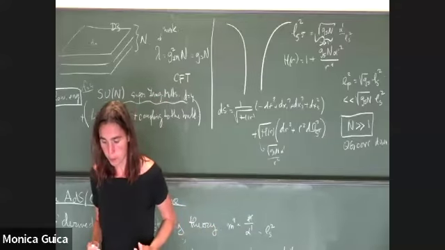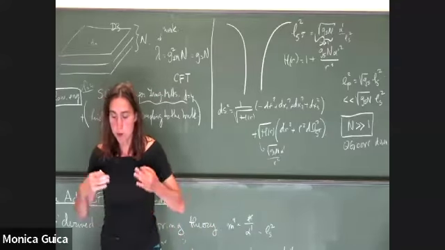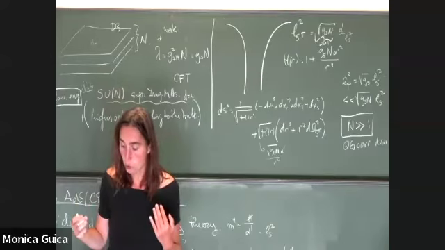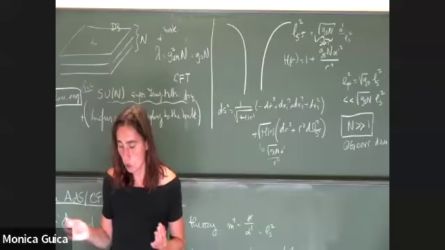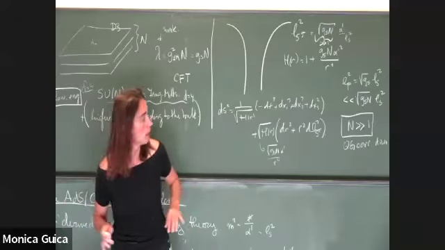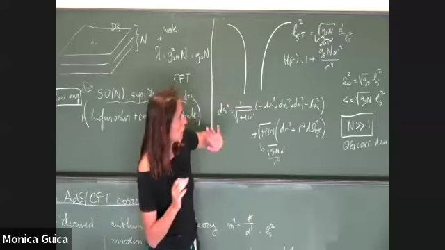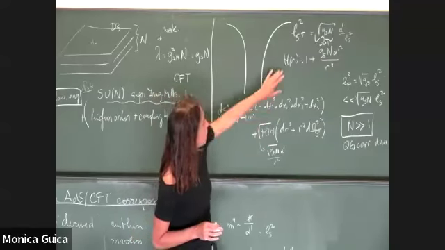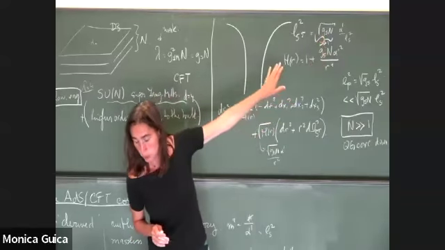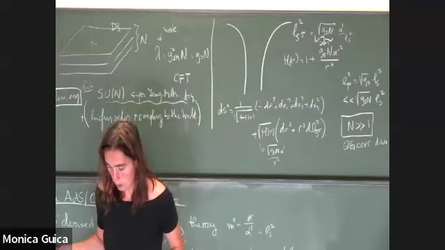That's important. If you also want to not have to care about stringy corrections, which is something that sometimes you do have control of in string theory, and you only want to do gravity, then you should just require that this lambda, which is proportional to G string N to some power, be large.